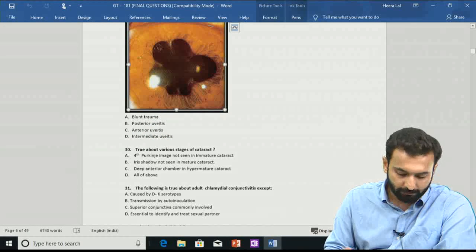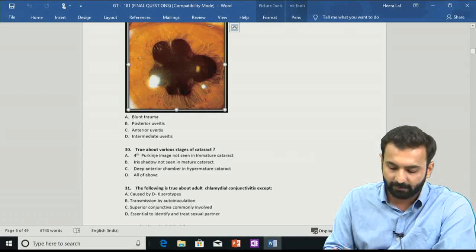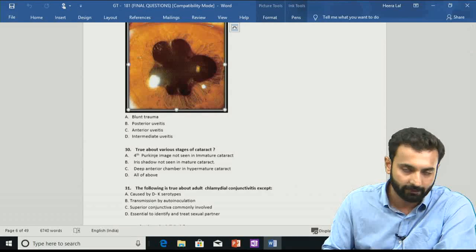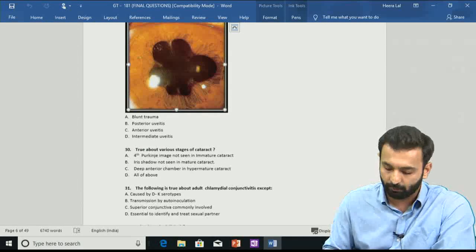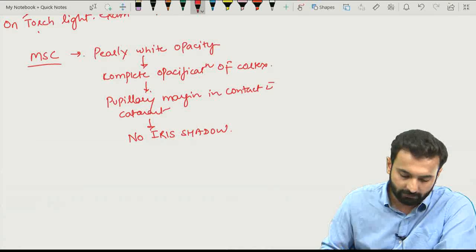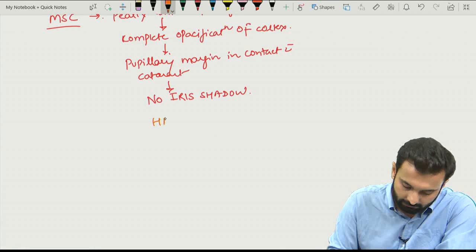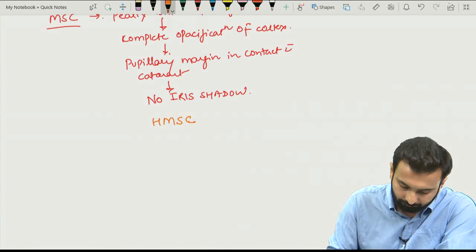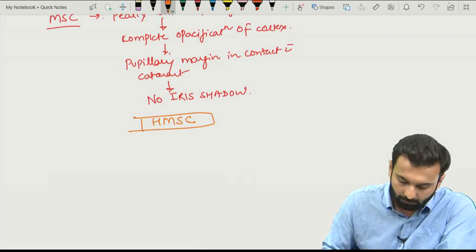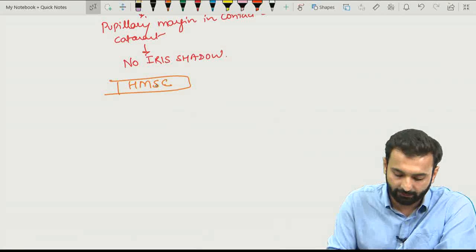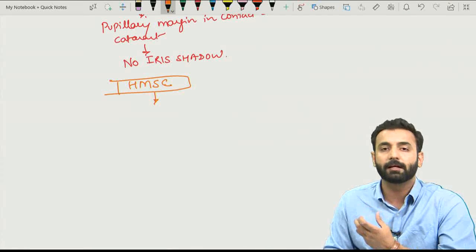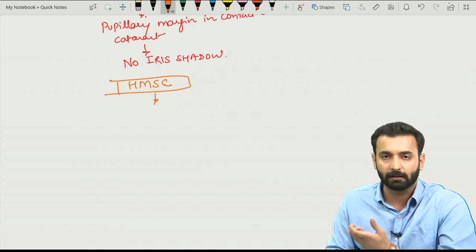Now coming to the next option, option C, they are saying that deep anterior chamber is seen in hypermature cataract. Yes, this is also a true statement. Let's discuss how. So what happens in hypermature senile cataract? There is disintegration of the cortical matter.